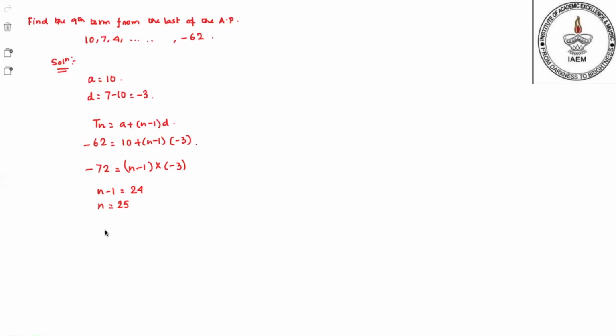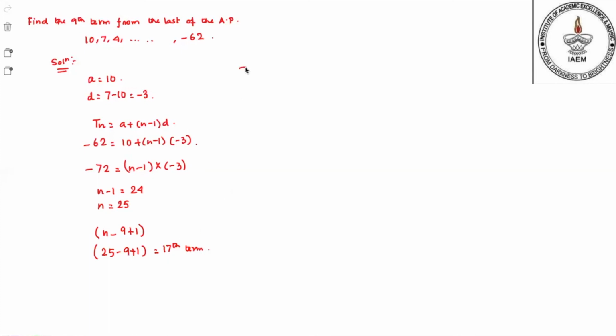It is always done by this formula. Please remember this: n is the total number of terms minus the term that you have to find, which is in this case 9, plus 1. So it will be 25 minus 9 plus 1. That means you have to find out the 17th term.